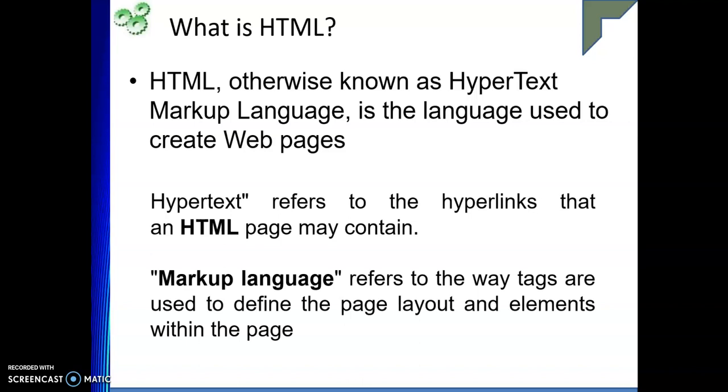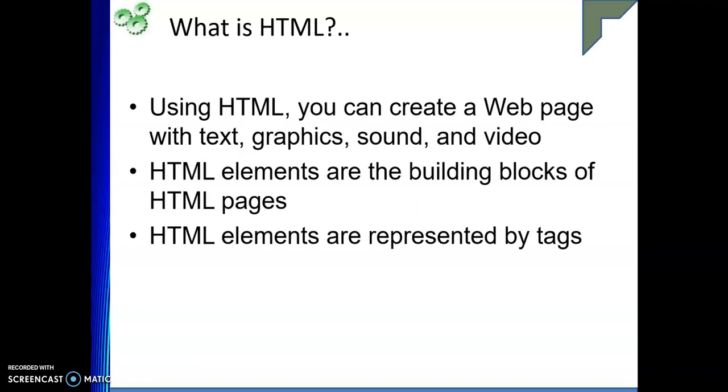And through this markup language, we refer to the representation of certain tags through which we are able to define the page layout and the elements within the page itself. So we have understood that HTML is used to create web pages. We can have text, graphics, sounds, videos, and all these things.